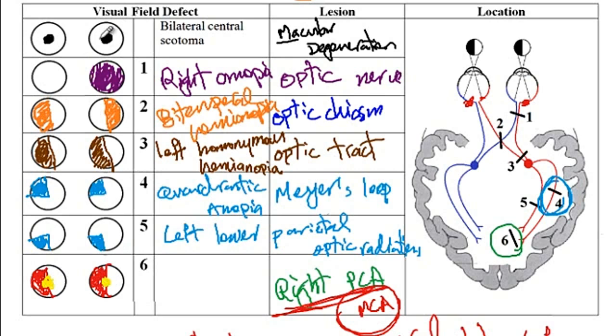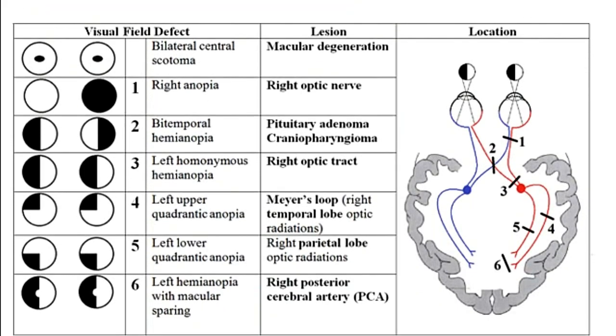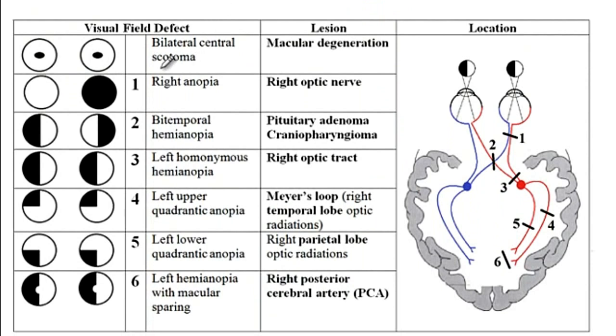So here, reminder that macula affects the center vision, and since the posterior cerebral artery has nothing to do with the macular area, the macular center would not be affected in patients that have impaired blood supply from the right posterior cerebral artery. Now, just to quickly summarize all these findings, let's go through the table one more time. So if a patient has bilateral central scotoma, that would be an example of macular degeneration.